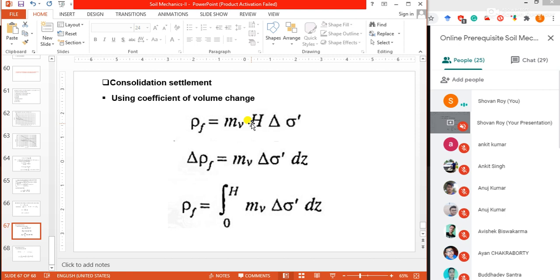So if we divide a large soil mass of thickness H into smaller parts, we can calculate the individual settlement of each layer, and the sum gives the actual value of final settlement.